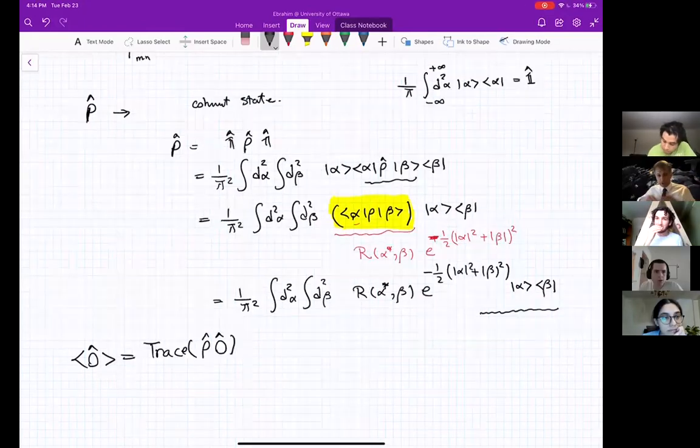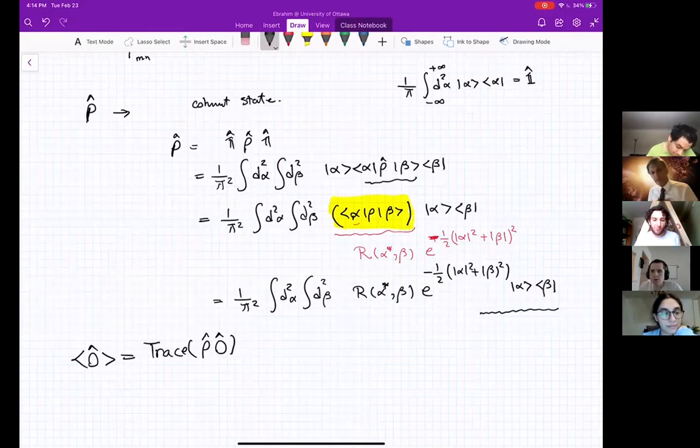So we looked into the possibility of finding the expectation value for the O operator, and it ended up being the trace of the density matrix times O. So far, I think everything is clear.